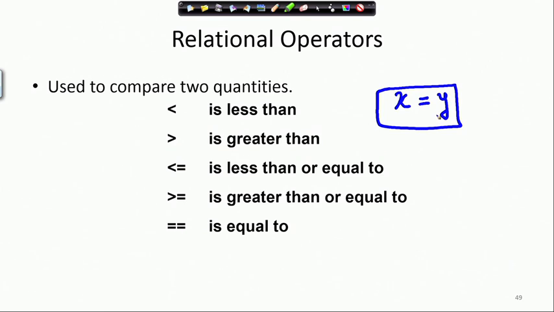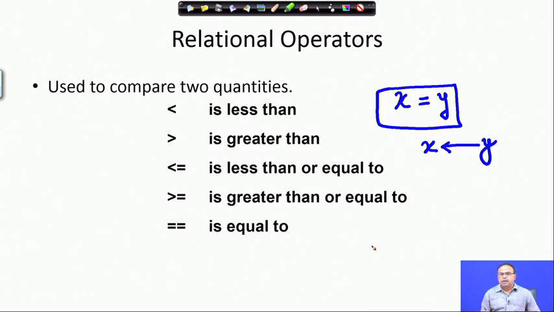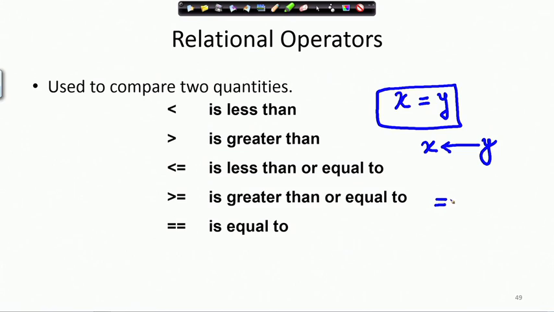But we have seen that in C language, this actually means the variable x is being assigned the value of y, right. So, how do I compare whether these two variables are equal or not? For that, C provides this technique of using two consecutive equality signs to show whether x is equal to y. All right. We will come to this in a moment.